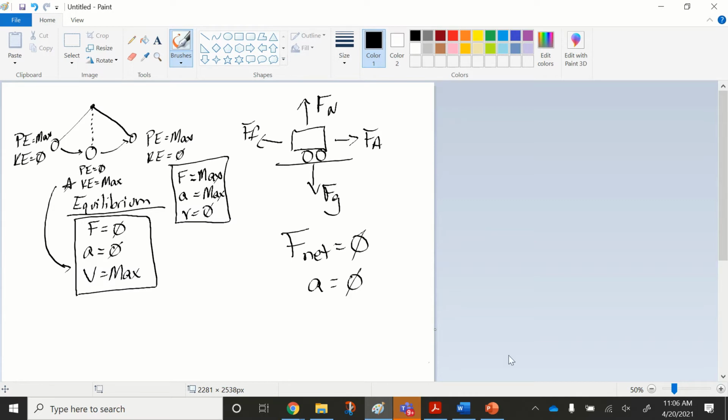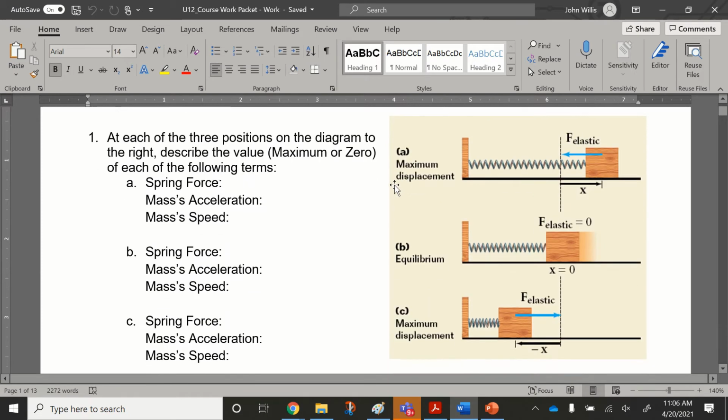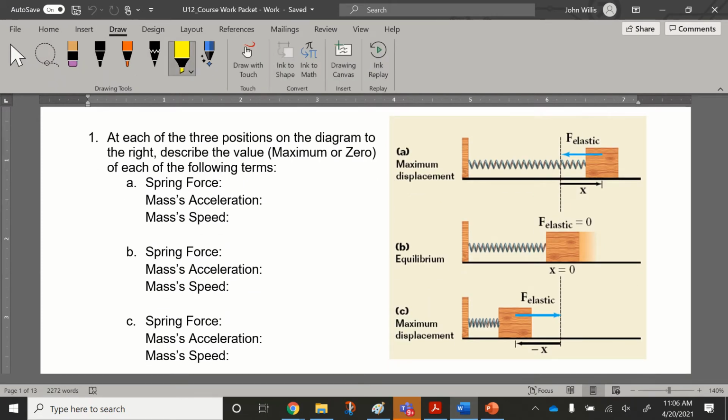We're going to turn around and compare this directly to this spring. Because this line right here, if I highlight it for you, is equilibrium.